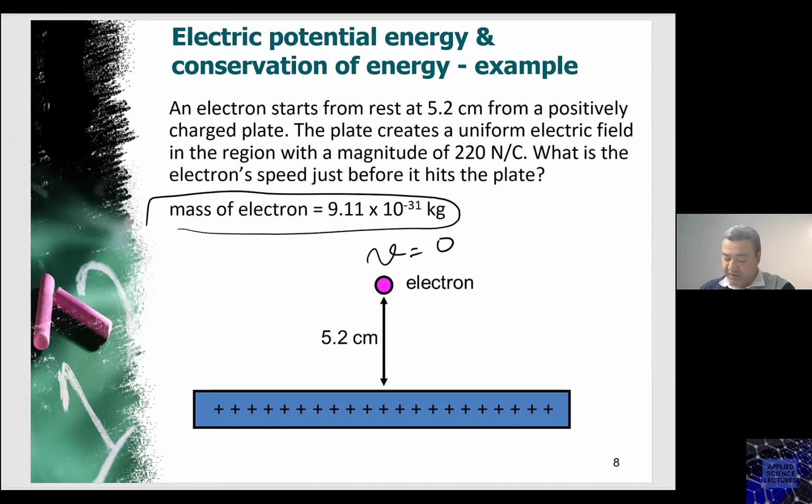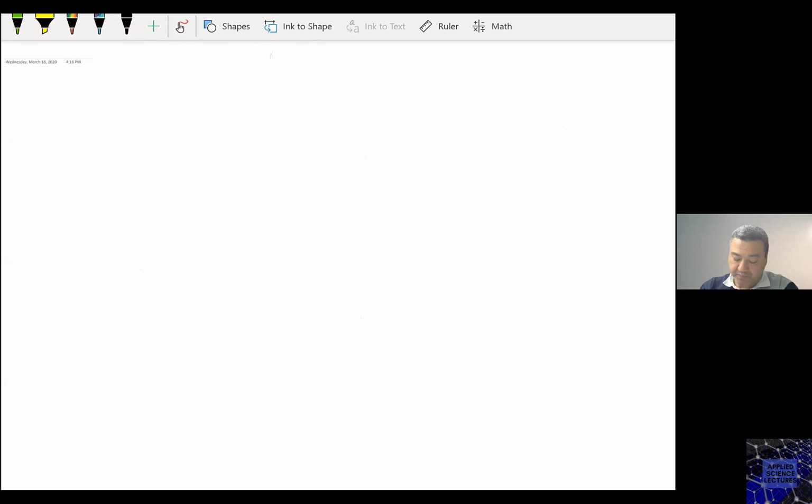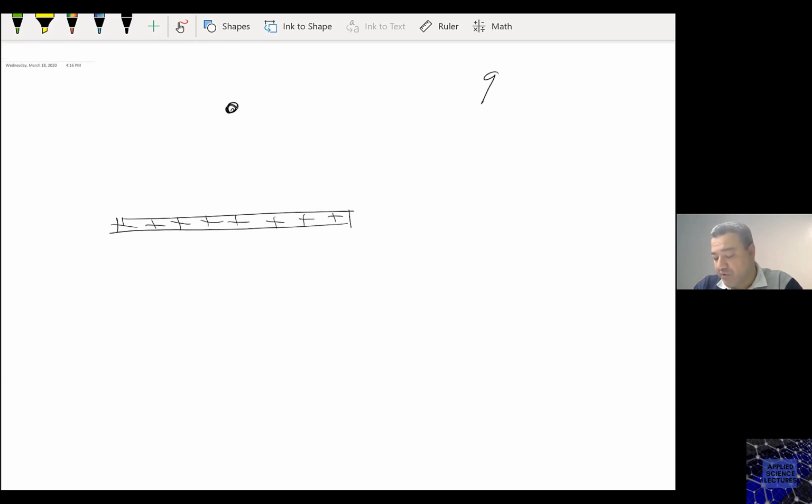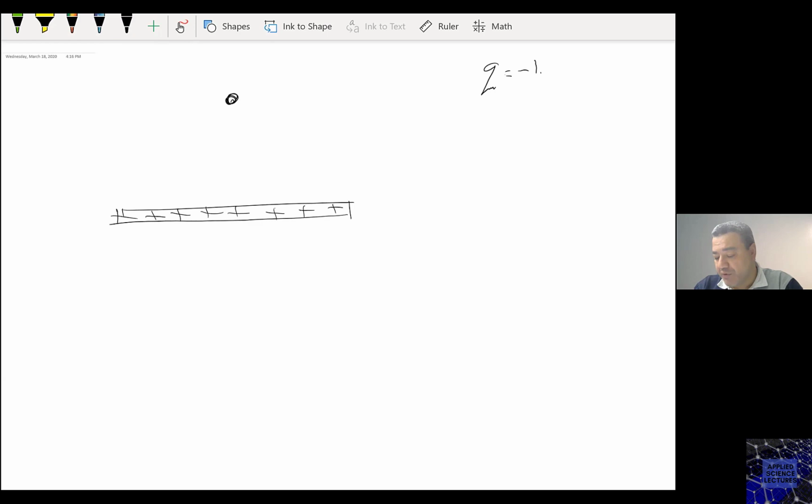So let's solve this problem. We have a positively charged plate. It is very important to know what kind of charges I have in order to apply the same orientation that we talked about. Here we have an electron. Electron Q is minus 1.602 times 10 to the power minus 19 coulomb.